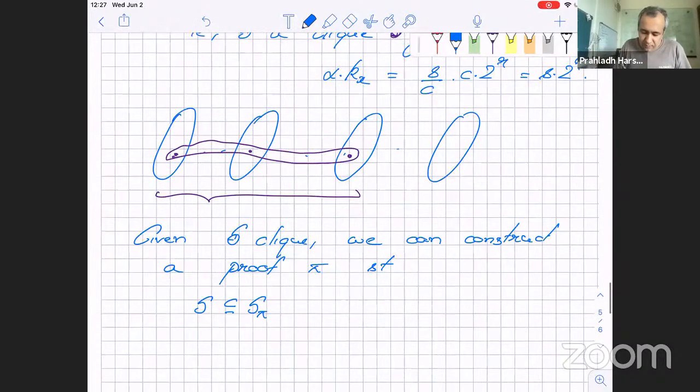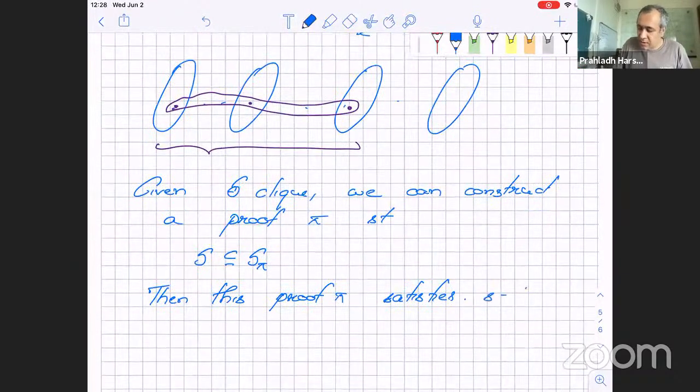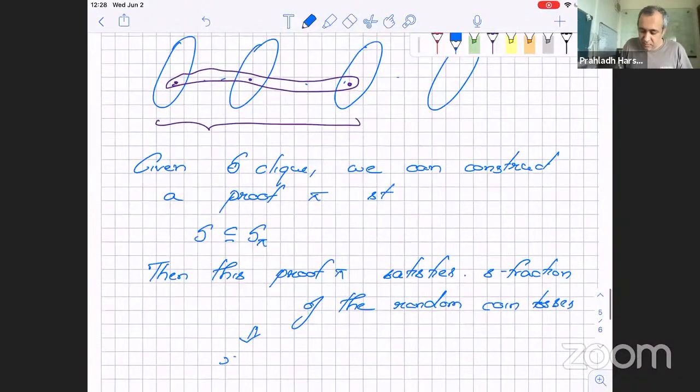Then this proof pi satisfies at least an S fraction of the random coin tosses, which implies that X is not in L. Because if X is not in L, it can satisfy strictly less than an S fraction.